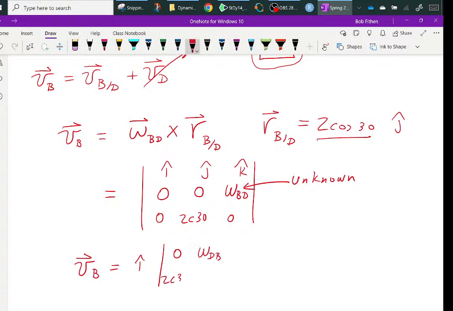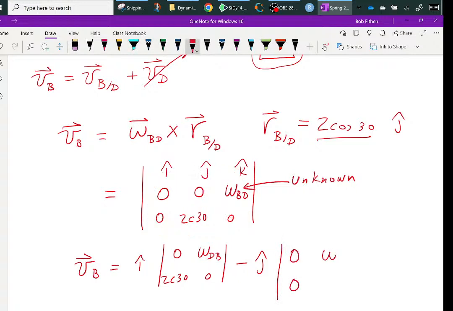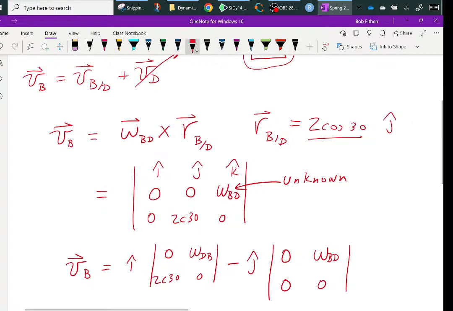And 2 cosine 30 and 0 minus J. Now here I strike that out, I strike this out, take this, and find the determinant of it. Interestingly, I get this. Whenever you have either 2 rows or 2 columns or both, this whole thing is gone.